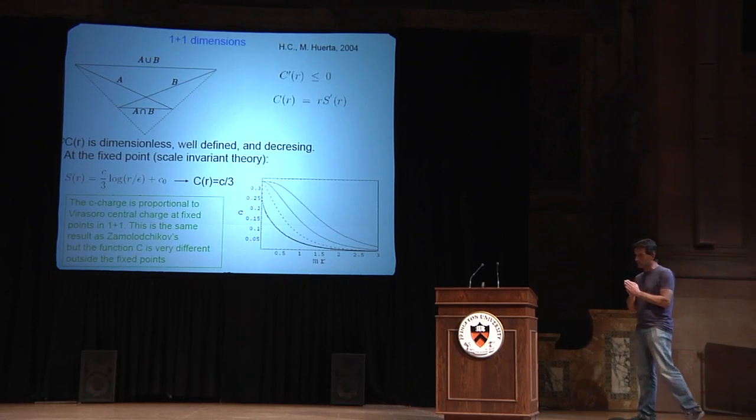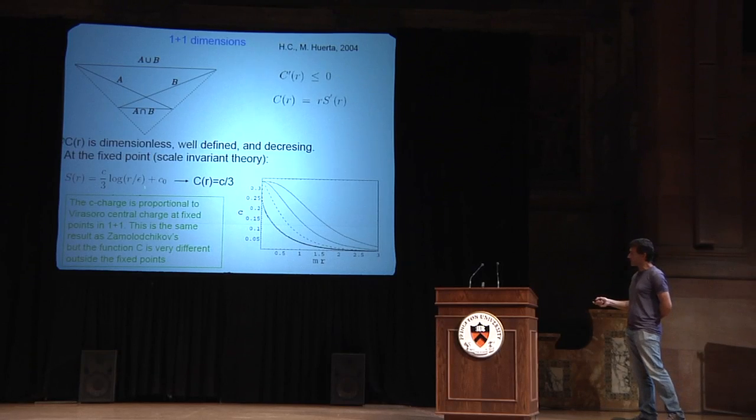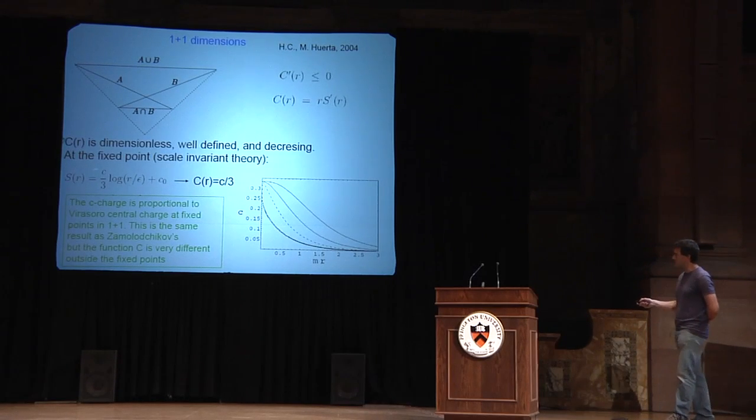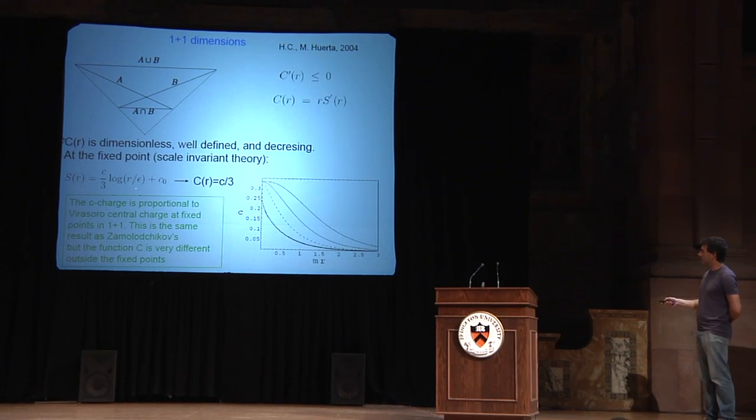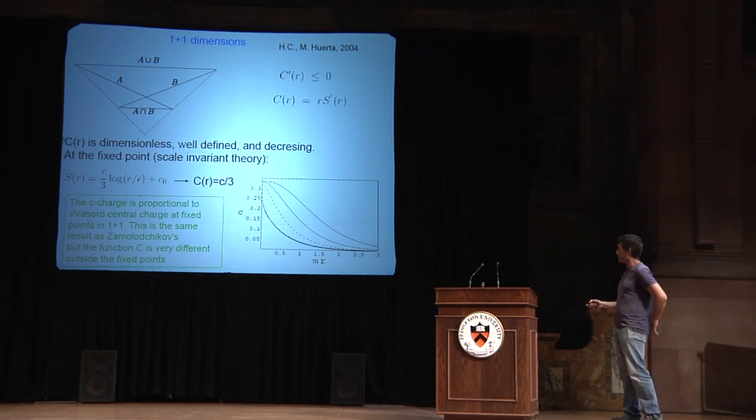For small regions, we have the ultraviolet C, and for large regions, we expect to have the infrared C. And this is ordered because of the decreasing property. But we also have a general expression of entanglement entropy for the fixed points, which is given by this logarithmic term here. Just plugging in this formula, we get that the C for the fixed points is proportional to the Virasoro central charge divided by 3.